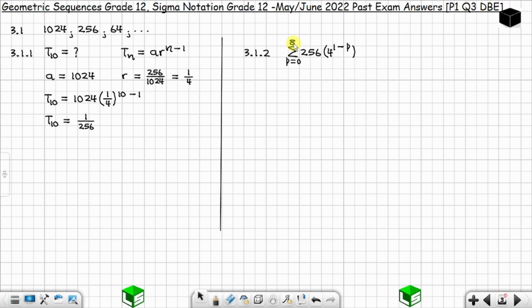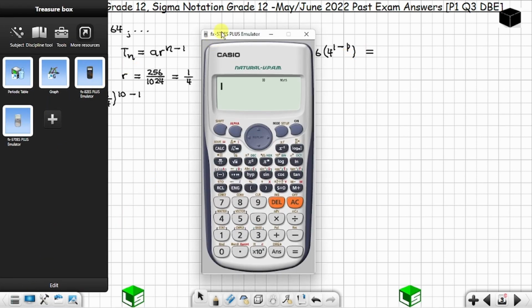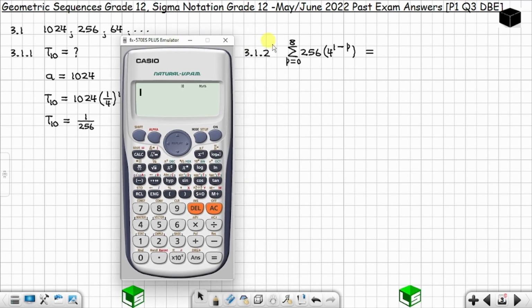We can get the expansion of this sigma notation. Let's get our first 3 terms. Let's use the calculator to do this quickly. You are going to use the general term in front of the sigma symbol to get your first three terms. So you have 256 times, in bracket, 4 to the power of 1 minus p.